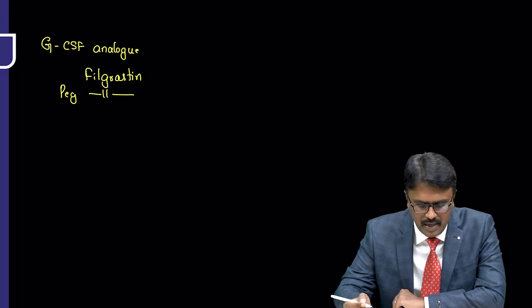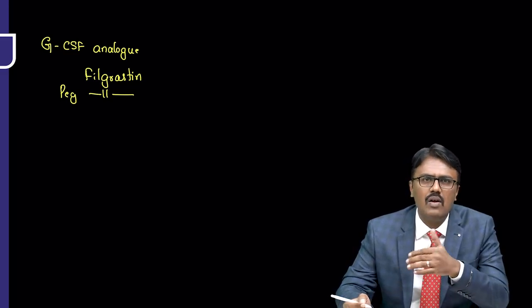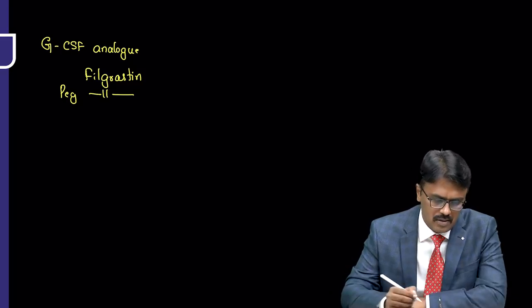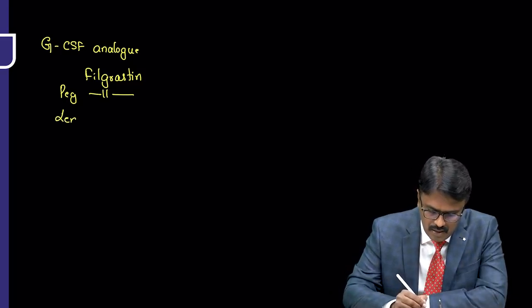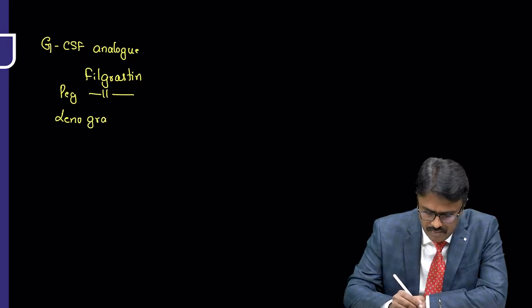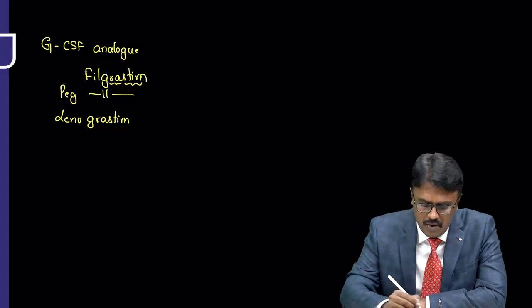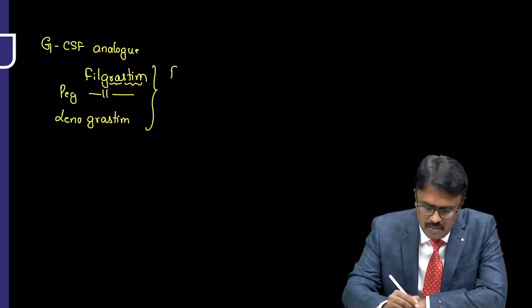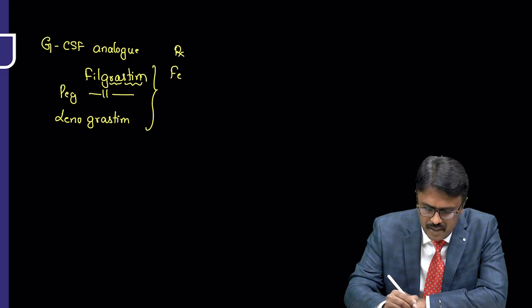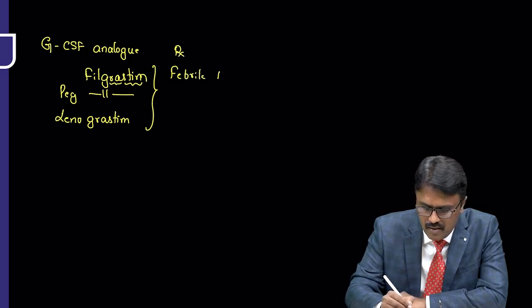The advantage of adding a PEG is to make the drug longer acting, that's it. One more similar drug is lenograstim. You read their name: gra for granulocyte, stim for stimulator. Now where do you use them? We use them in a case of febrile neutropenia.